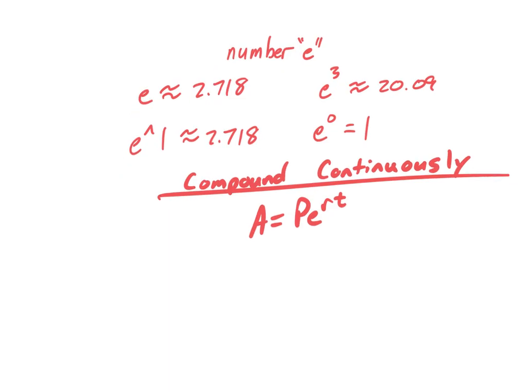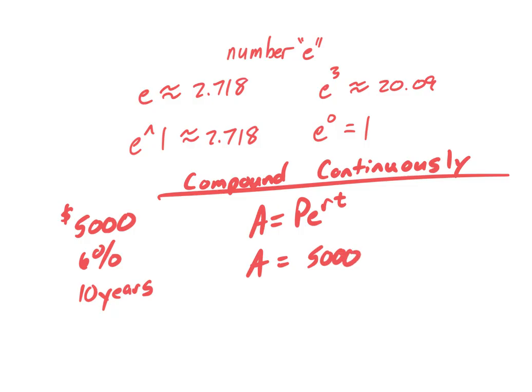So if I go back to the same example that I had just a second ago, I'm going to use the same numbers and just show you that you get a little bit different answer here, because it's compounded a little bit differently.